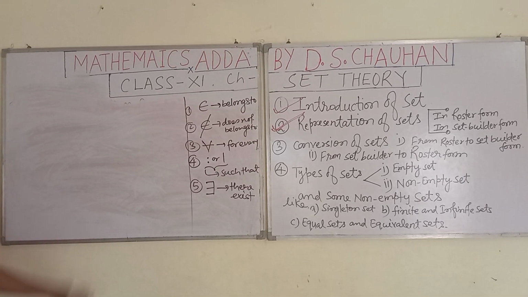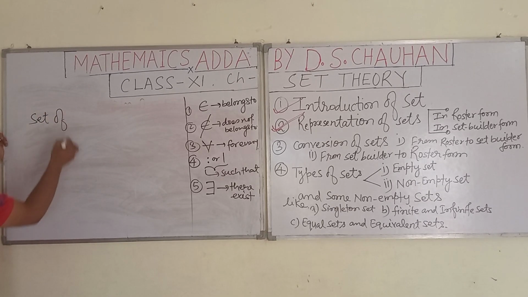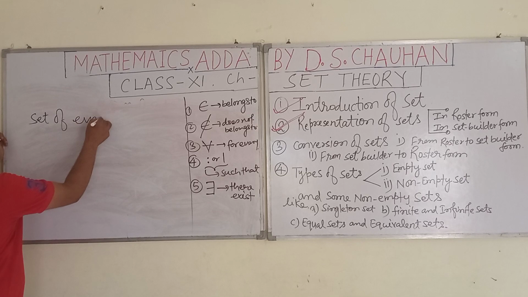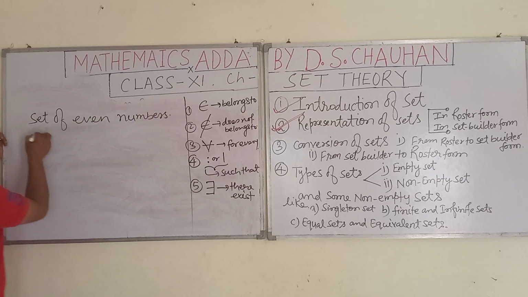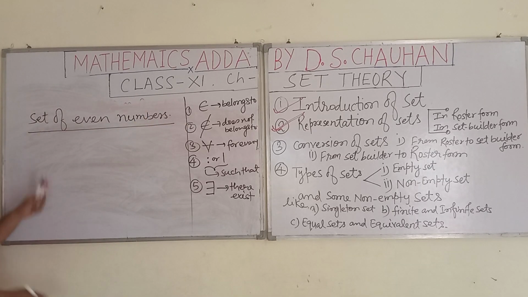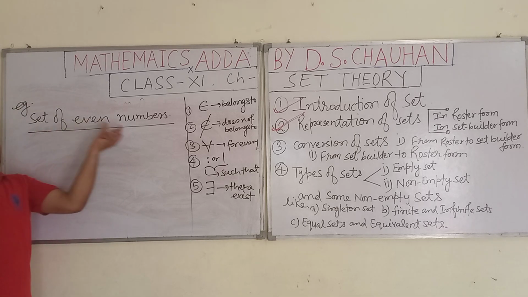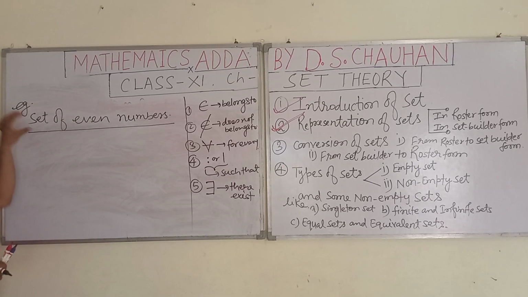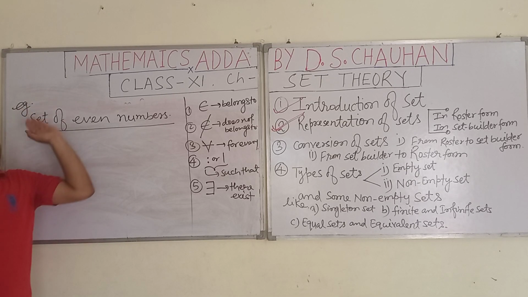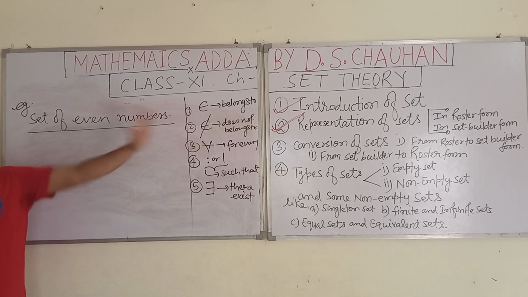Here students, I am writing a set of even numbers. See, this is one question in front of you, students. Set of even numbers. Now students, here it has been given set of even numbers. We would like to write down this set in the form of roster and in set builder.